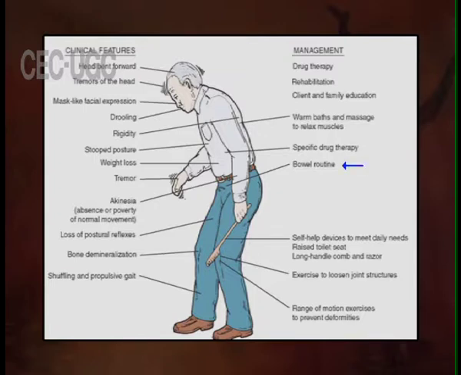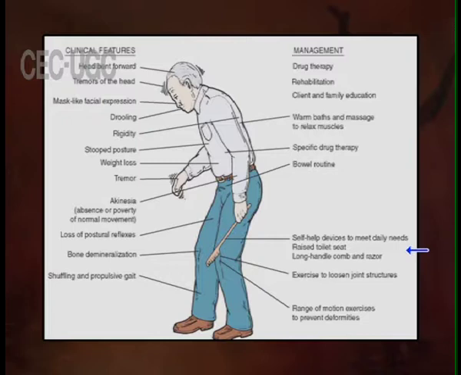Well, routine has to be established. And then self-help devices to meet daily needs, for example a raised toilet seat and long-handled comb and razor, in order that they manage themselves in a better way because of their loss of postural reflexes, and because they cannot have normal movement, they need some support systems like I have described just now.